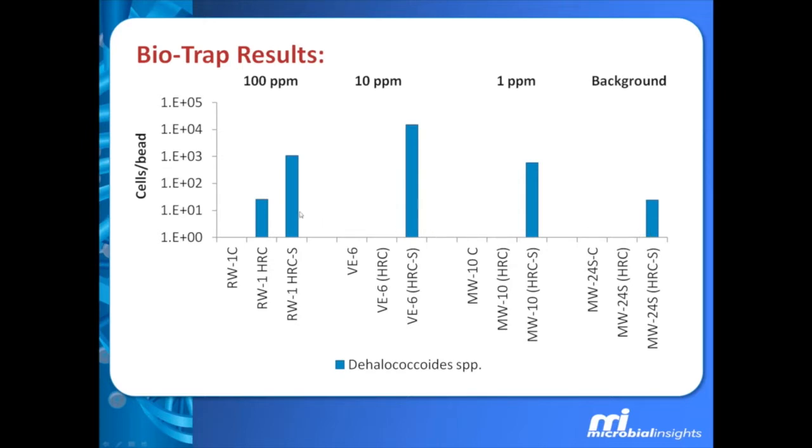But with HRCS, Dehalococcoides was stimulated in all of the other wells, including the background, at concentrations quite a bit higher than was produced by HRC alone, even in that 1 well. So that right there indicated that the HRCS did seem to be a better source of electron donor to stimulate Dehalococcoides in this particular environment.